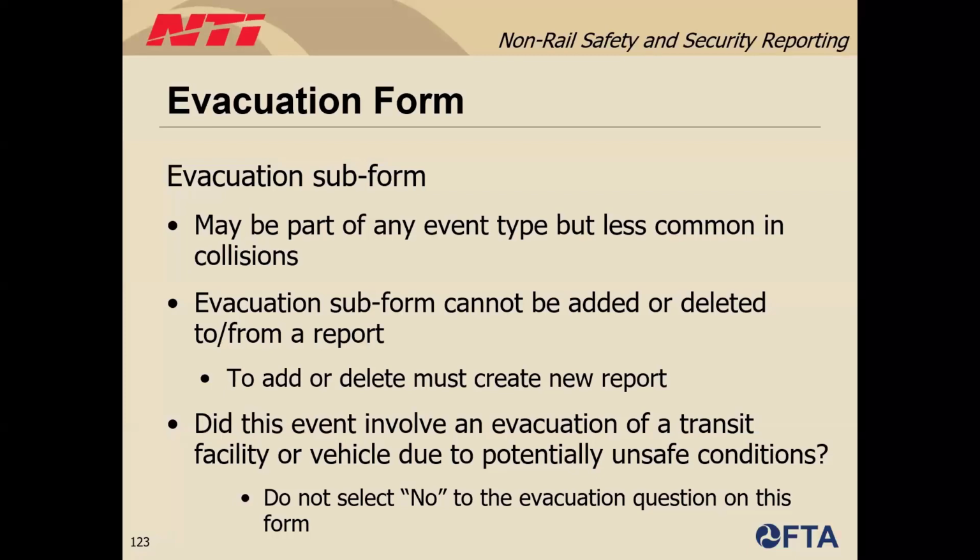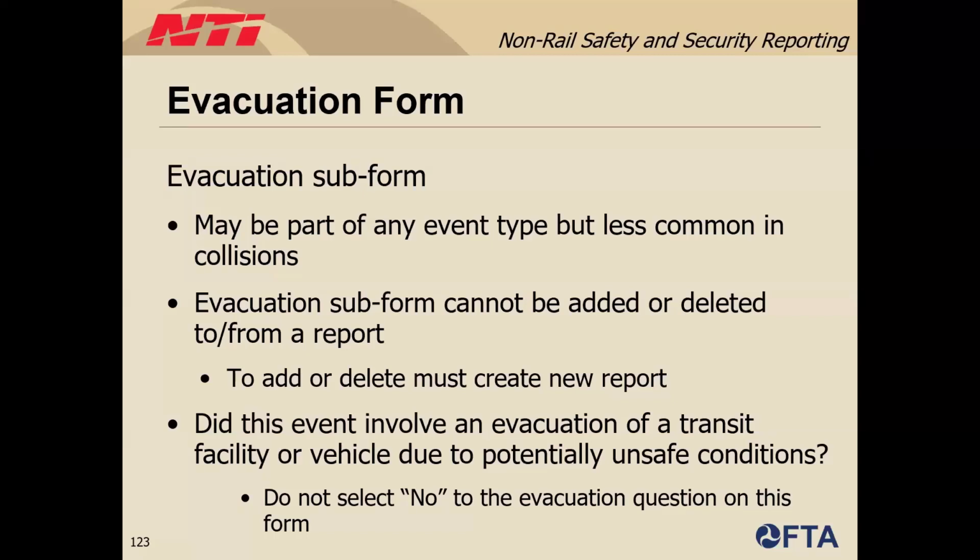Earlier, we discussed evacuations. Evacuations can be included in any event type, but are less common in collisions. If an evacuation is incorrectly included or excluded, you cannot add or delete it in a reporting form. The entire report will need to be deleted and a new report entered with or without the evacuation.